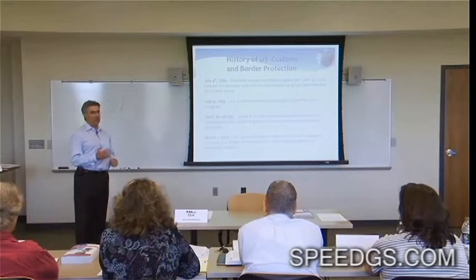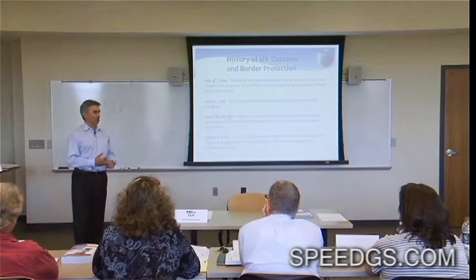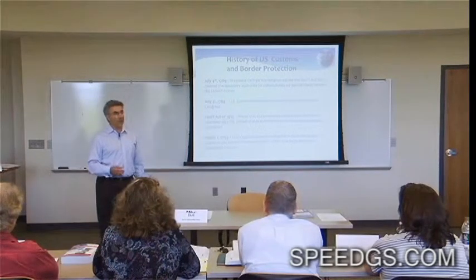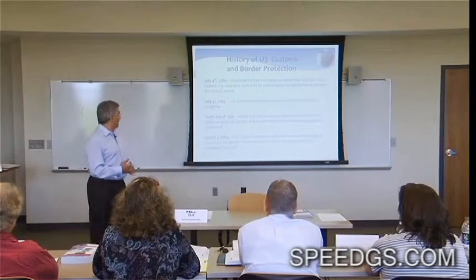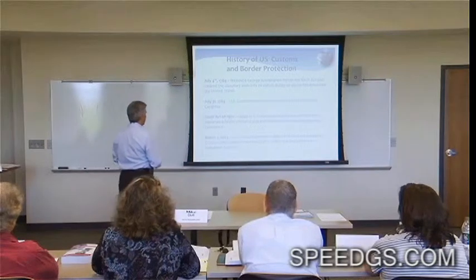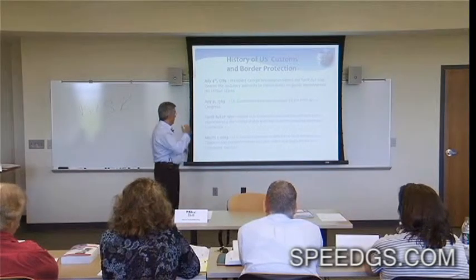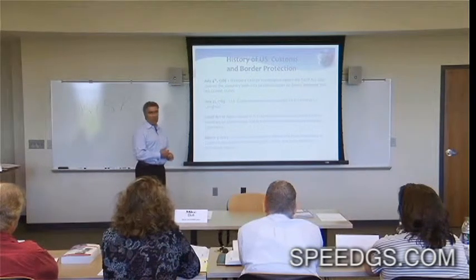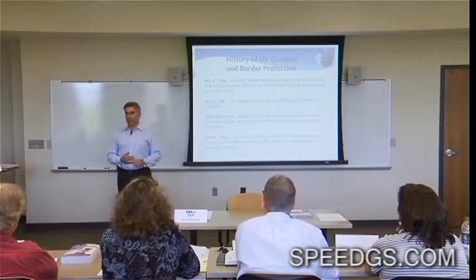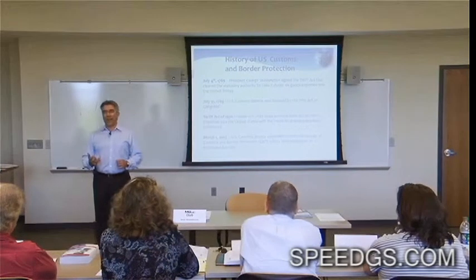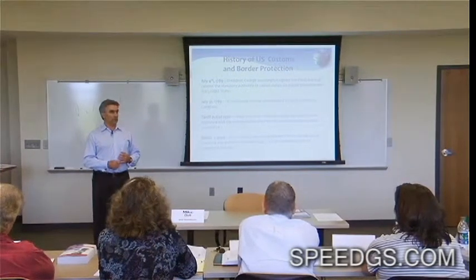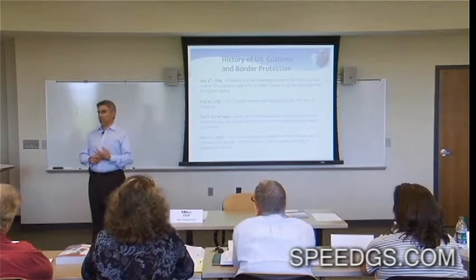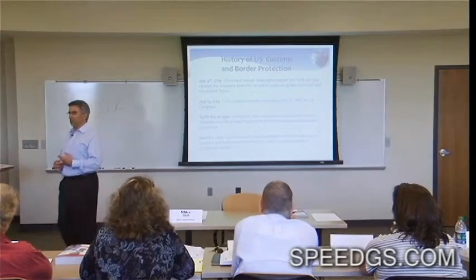And like I said, it didn't work real well, and it put this country into a tailspin in the Great Depression. But this was the very first time the U.S. started thinking about domestic commerce. And what came out of that? Quotas, limitations, all right?